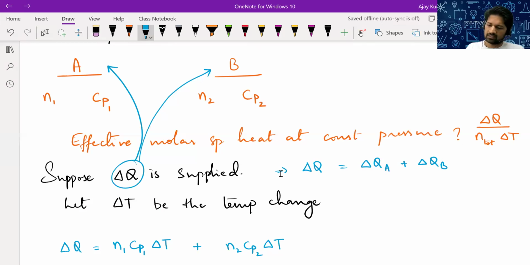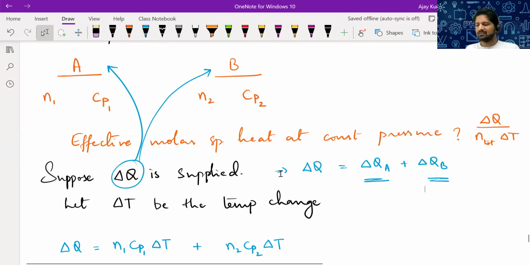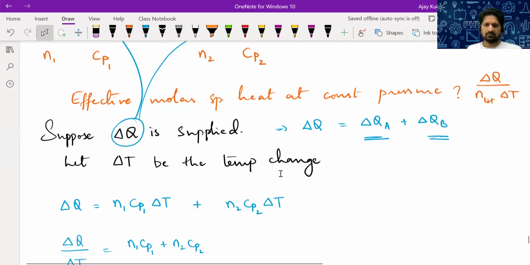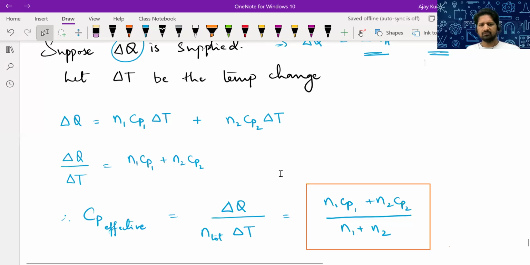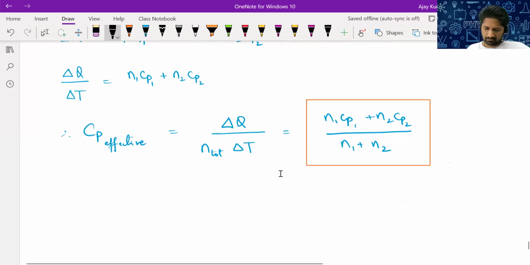So out of the total heat that we supplied, some part goes to the first gas, some part goes to the second gas. Basic equation we wrote, we put that in mathematical form. And then we write delta Q is equal to nC delta T. Delta T being same for both of them, and take whatever you can take common and get the effective molar specific heat.